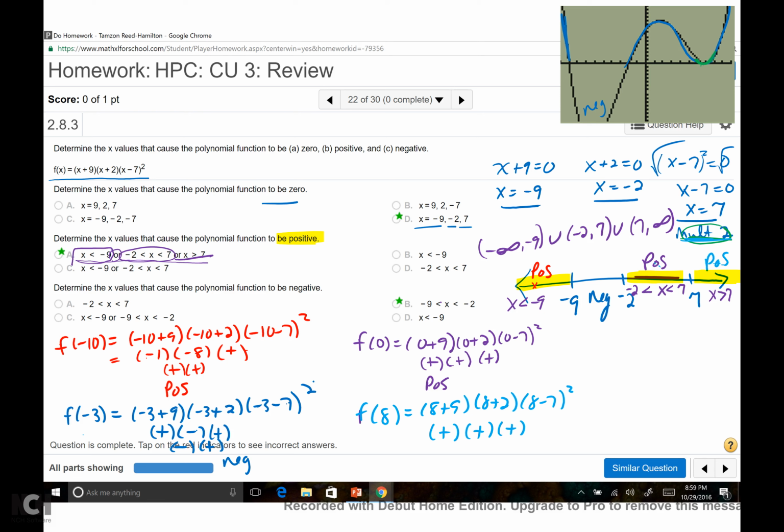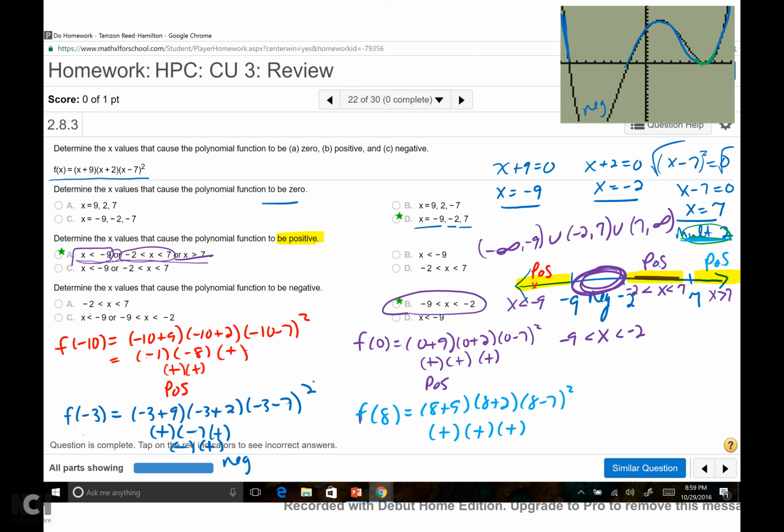Okay, so your negative section is right here. And that is between negative 9 and negative 2. So you say it's negative between negative 9 and negative 2. That would be how they wrote it. Interval notation, we would say it's from negative 9 to negative 2.